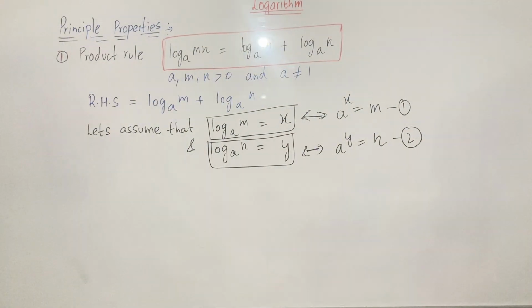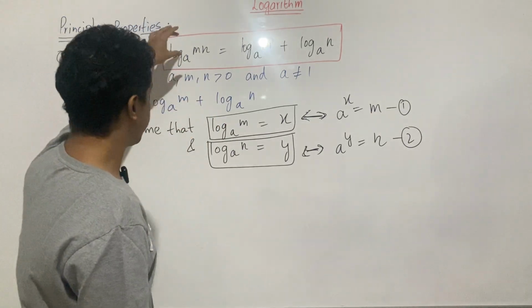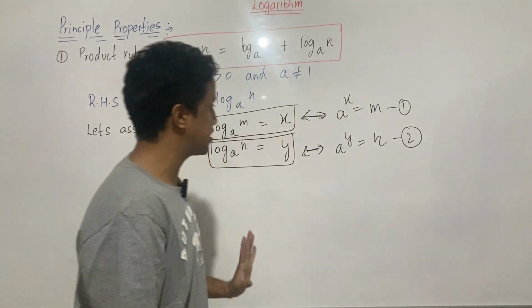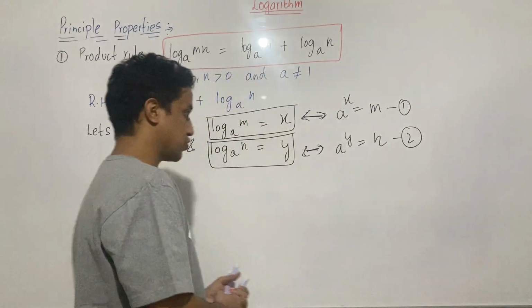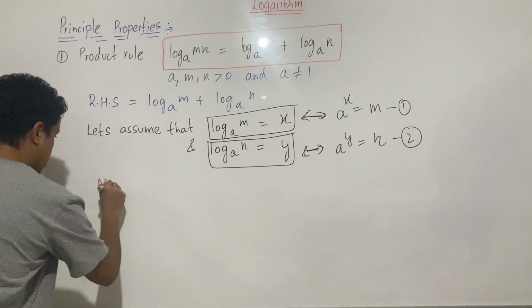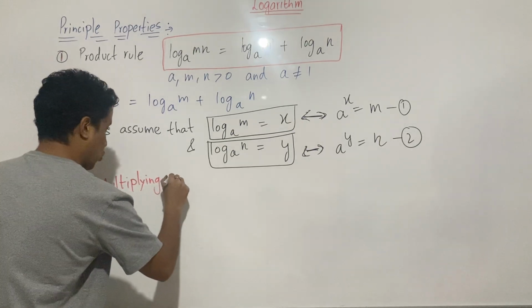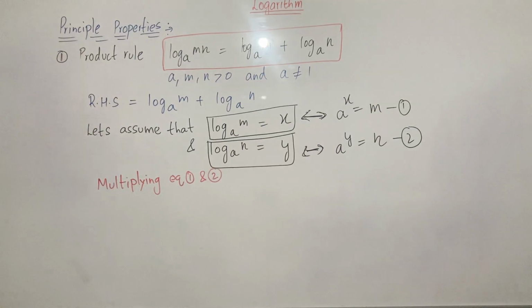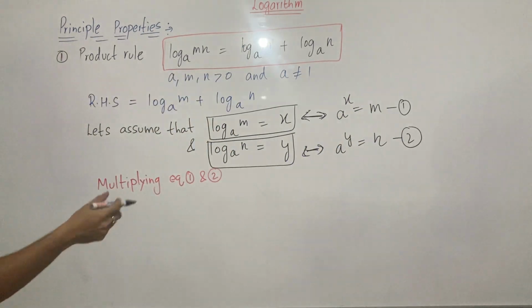Now, what we need to have here is mn, and we can get mn from here only when we multiply these two equations. So multiplying equation 1 and 2, what would happen?